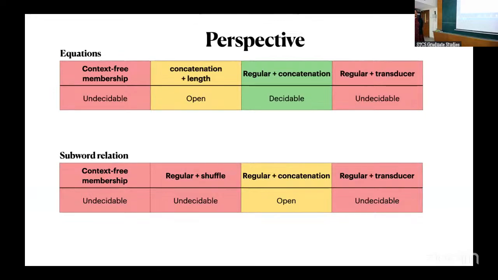Now, what can you do with length? It's open. This is concatenation with length. Suppose I write the length of x, what can I do with that? I can say that the length of x is 3 times the length of y, or at most 3 times. Can I say it's the length of y squared?